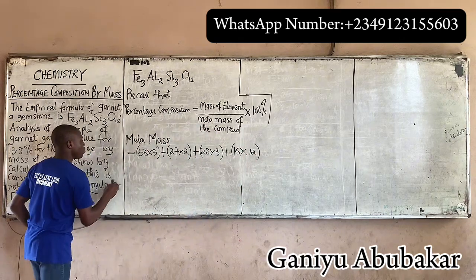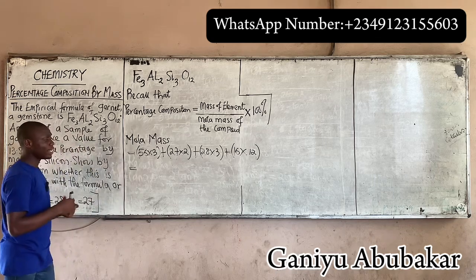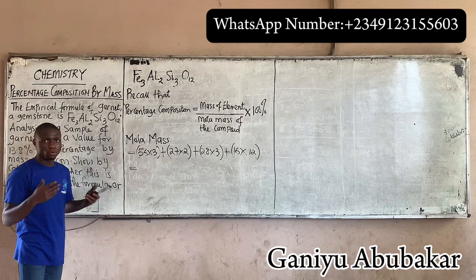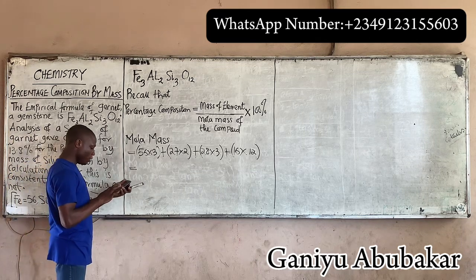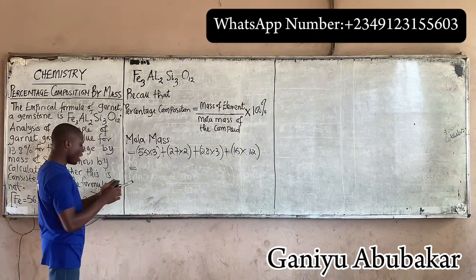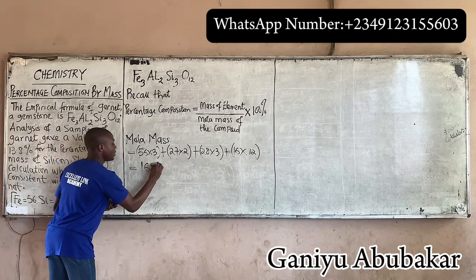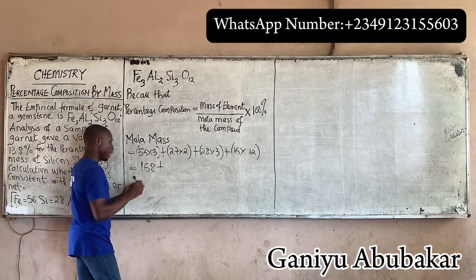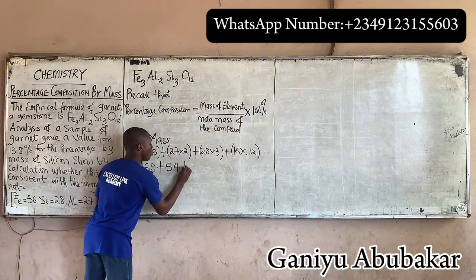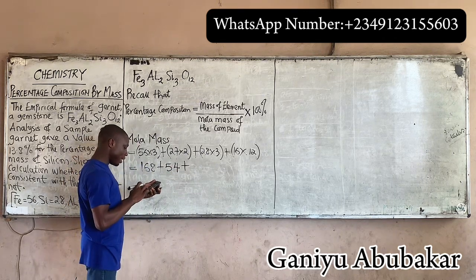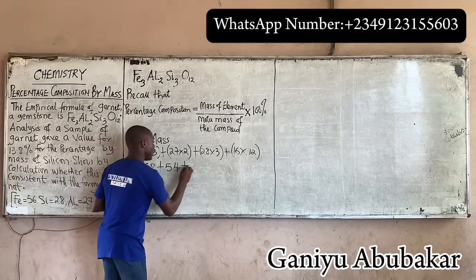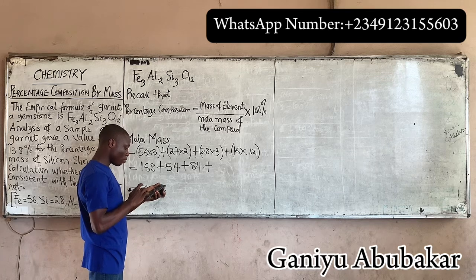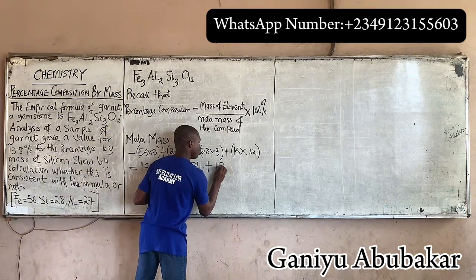So the molar mass becomes, if I multiply this, what do I get? At this point I'm going to multiply these values. 56 times 3 is 168, plus 27 times 2 is 54, plus 28 multiplied by 3 is 84, plus 16 times 12 is 192.